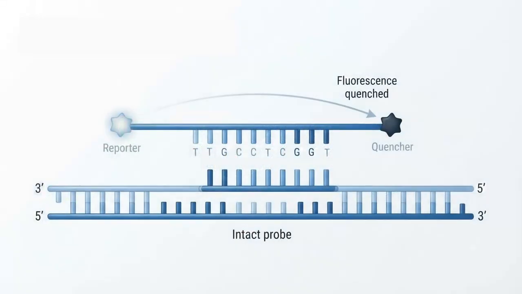While the probe remains intact, these two molecules stay very close together. The quencher absorbs the energy emitted by the reporter, preventing fluorescent light from reaching the detector. This phenomenon is called fluorescence quenching. So even though the reporter is continuously excited by the instrument's light source, almost no fluorescence is detected.